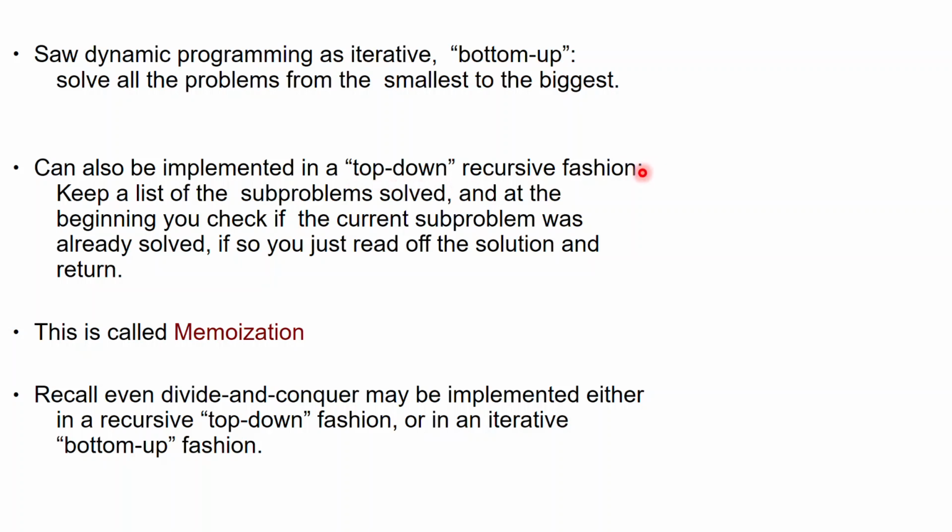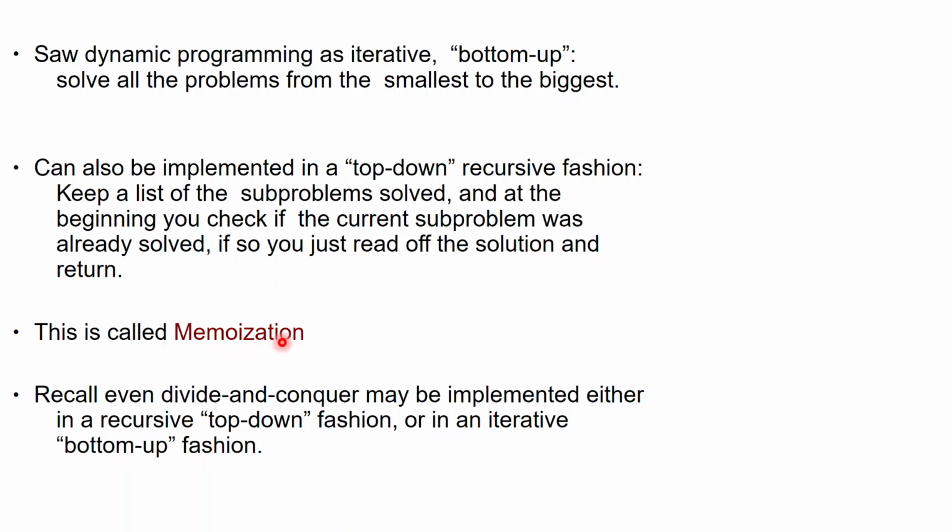For this, you keep a list of all the subproblems that you solve. And at the beginning, every time that you recurse, you check if the subproblem that you want to solve was already solved. If so, you just read off the solution and you return. This way of doing things, the top-down or recursive fashion, is called memoization.